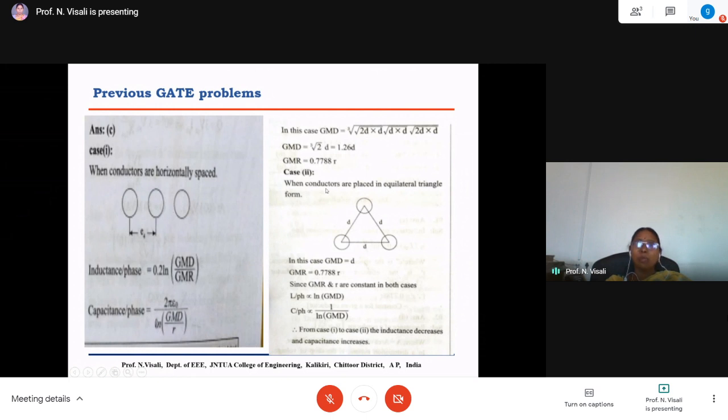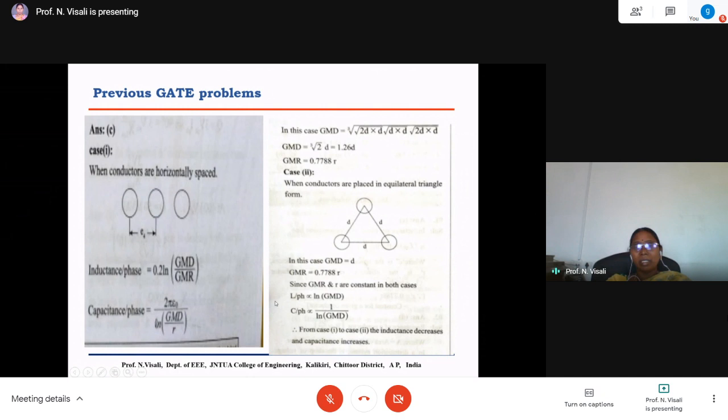When this is transposed into the equilateral triangle, what will be the GMD and the GMR? GMD is directly equal to D, equilateral triangle means equal spacing. So GMD is nothing but D. Then GMR is nothing but 0.7788 R. So you find that inductance is directly proportional to Ln of GMD by GMR, while capacitance is inversely proportional to Ln of GMD by GMR. This is a direct relationship, this is an inverse relationship.